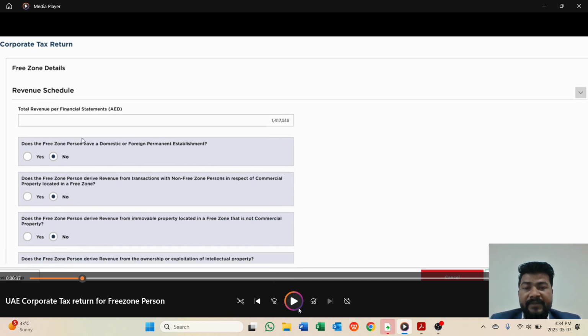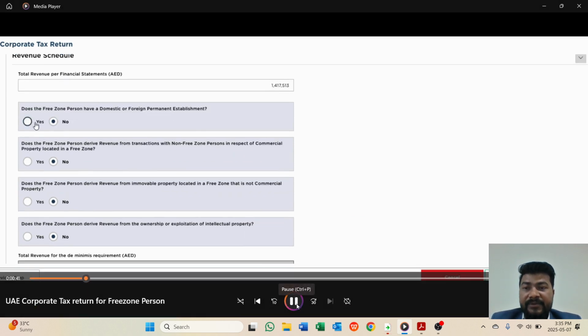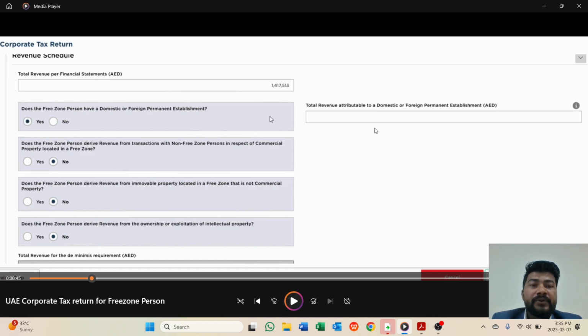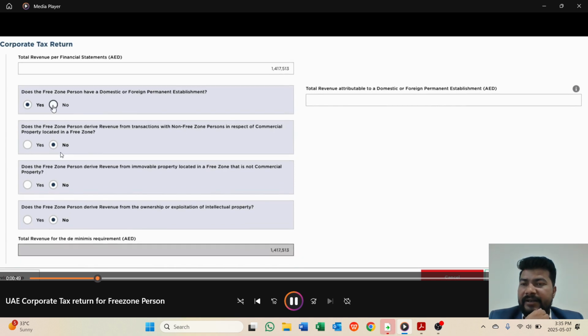If you select yes, you have to put the revenue that is attributable to that domestic or foreign permanent establishment. How much is the revenue attributable to that PE? If you don't have any PE, you can select no and move forward.